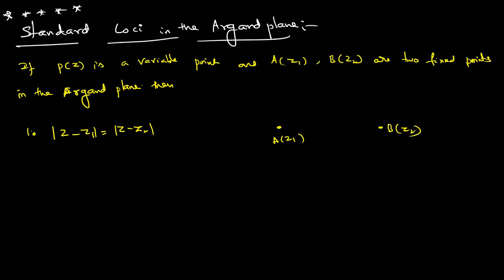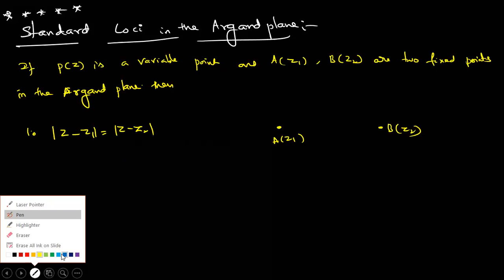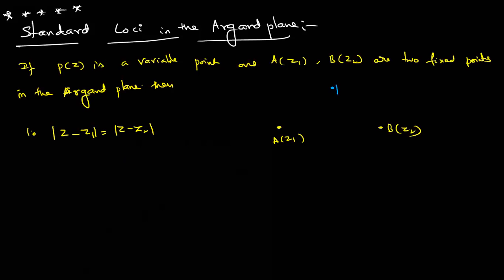What can you say about this? Some P of Z is there like that. What is the meaning? The length of AP is equal to the length of BP. Here also P is there. Length of AP is equal to length of PB.